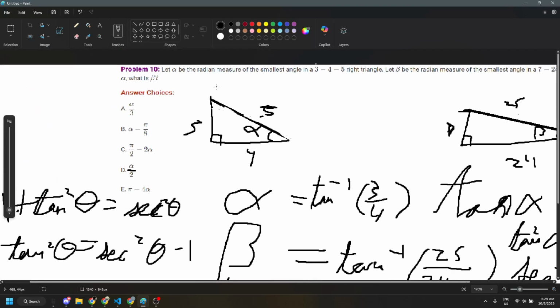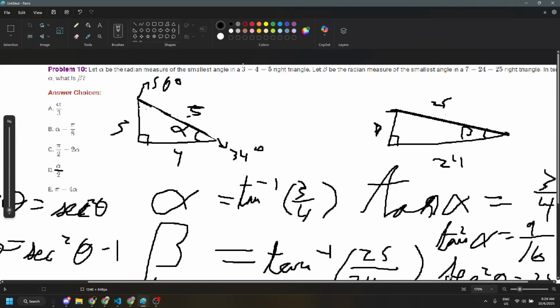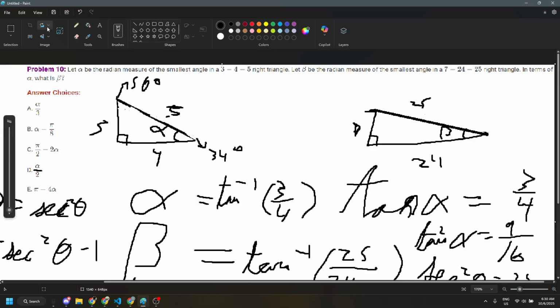From what I remember, I believe this is about 56 degrees, which would make this 34 degrees. I have no idea about this. But if I were to just use my hand, this does look like it's about to scale.